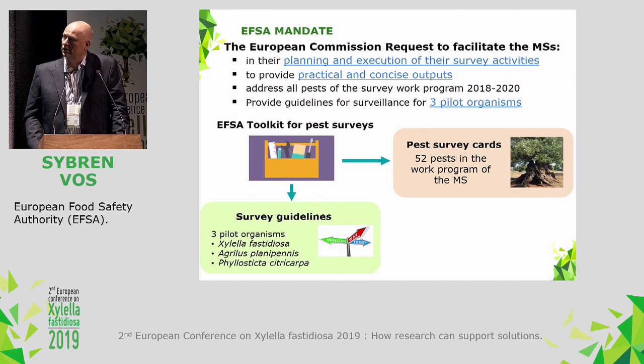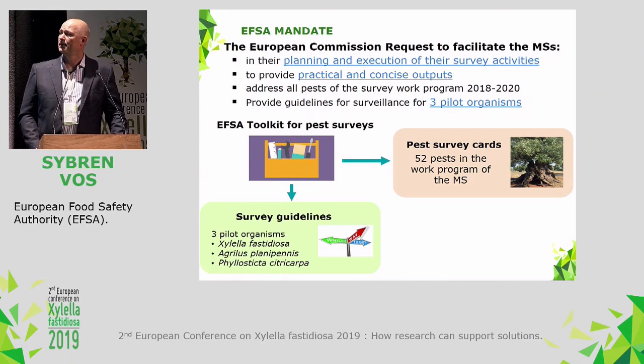This work is still ongoing, it's progressing. We have two types of guidelines. We have general guidelines that will address organisms in general. And then we have specific guidelines that we are developing for Xylella fastidiosa, Agrilus planipennis, and Phyllosticta citricarpa as pilot organisms.